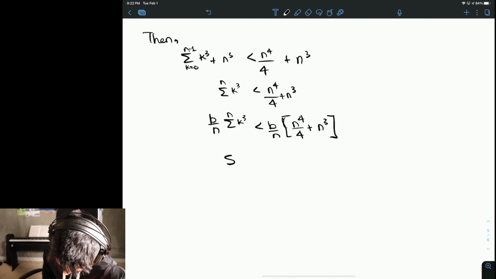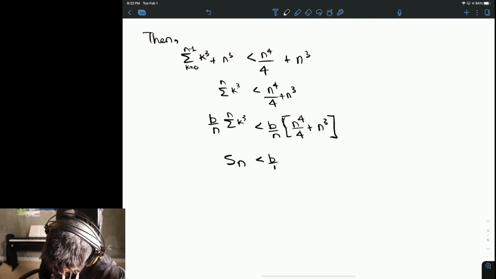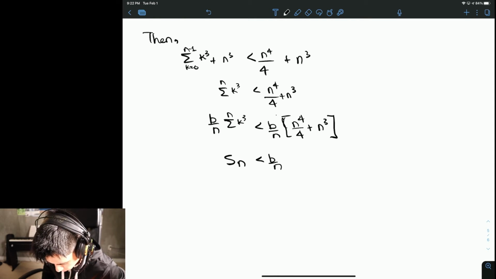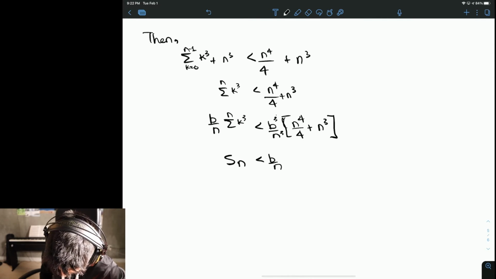This is S of n is smaller than b cubed over n cubed. Yeah.